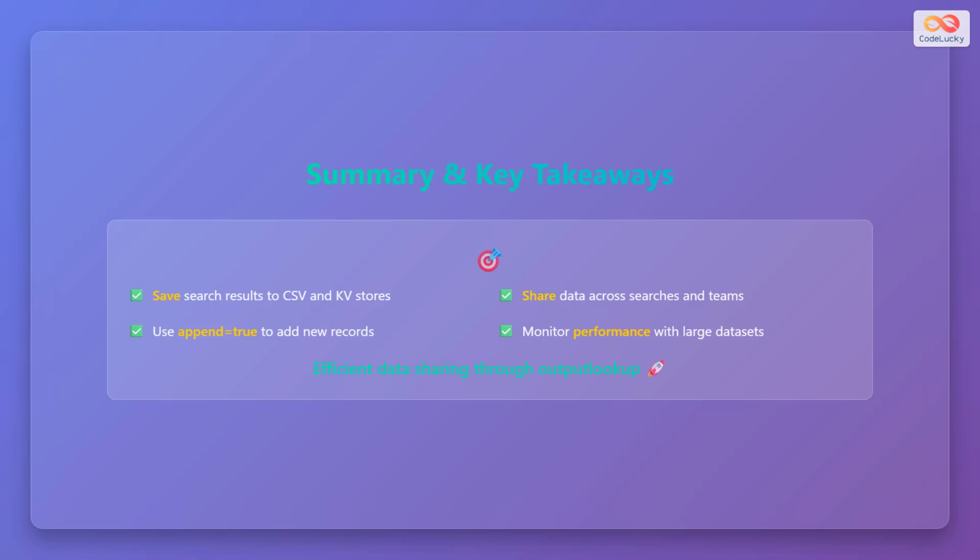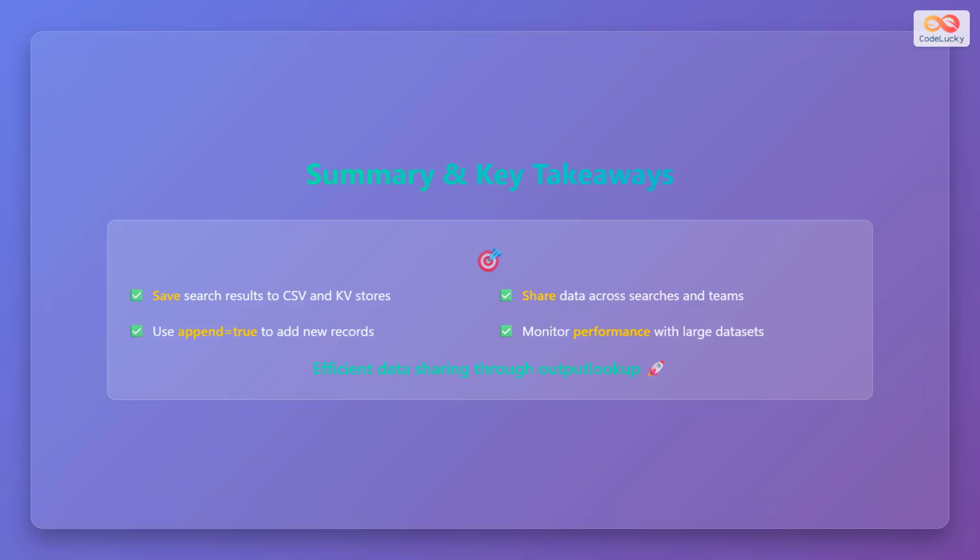The outputlookup command serves as a cornerstone for efficient data management in Splunk environments. Its ability to save search results to both CSV files and KV store collections provides flexibility for different use cases and performance requirements. The append functionality enables incremental data updates, while proper field selection optimizes storage efficiency.